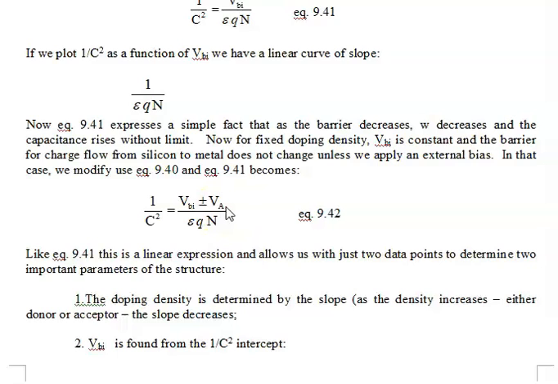Two things we can get from this: the slope, which is sitting in the denominator, permittivity multiplied by the charge density, and the point where the VBI becomes equal to VA. We're going to measure VA, but we'd like to determine VBI, and this allows us to do that.